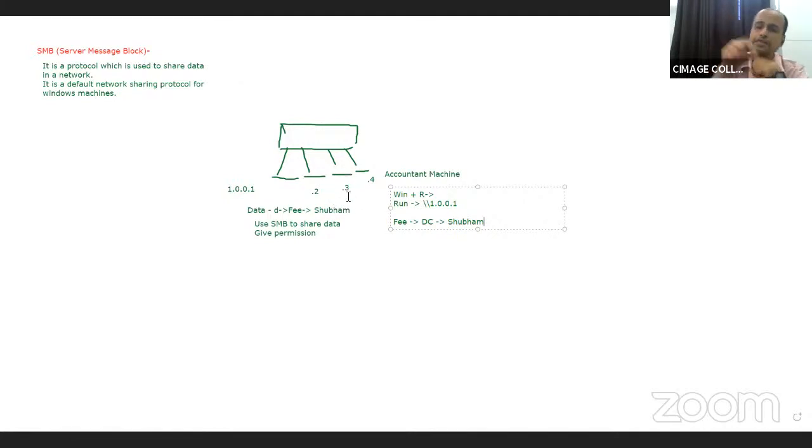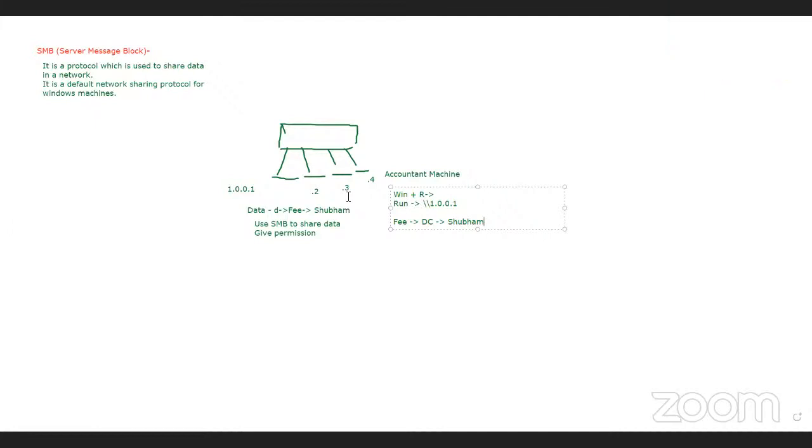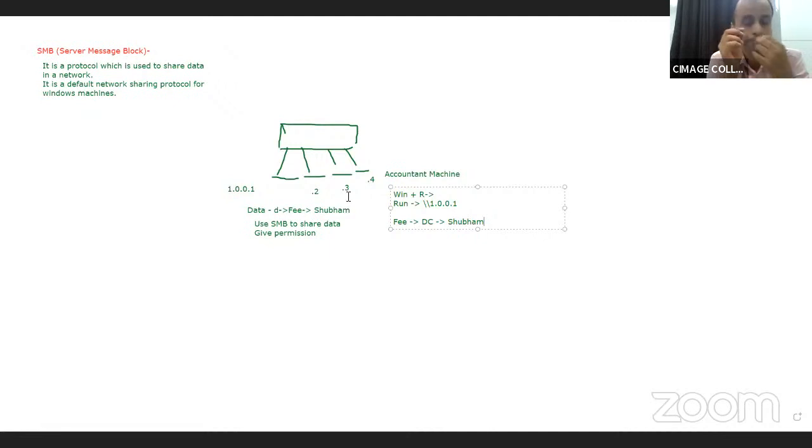The librarian can also see this record. Means from any node of the network, this data can be accessed. Point is clear to everyone? किसी को कोई problem? Just note down these things.